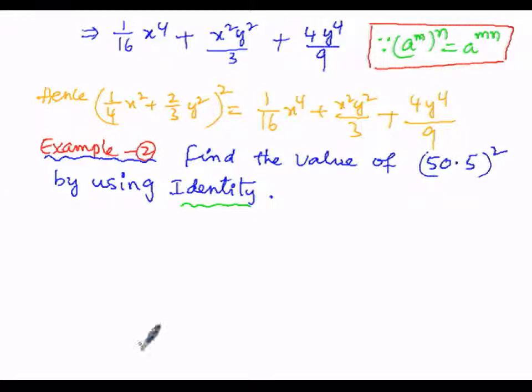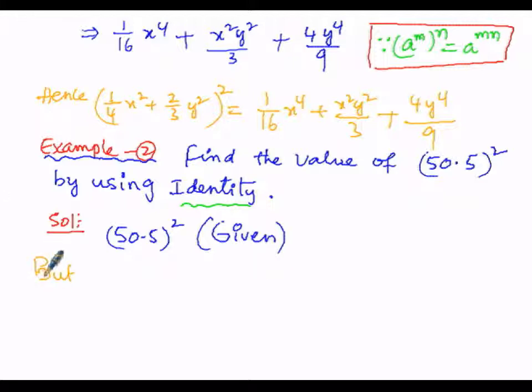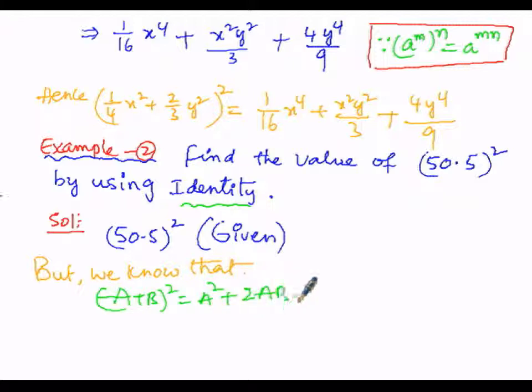Then now the solution starts. Here 50.5 whole square is given for us, we have to find out its value. But we know that (a + b) whole square equals a square plus 2ab plus b square.